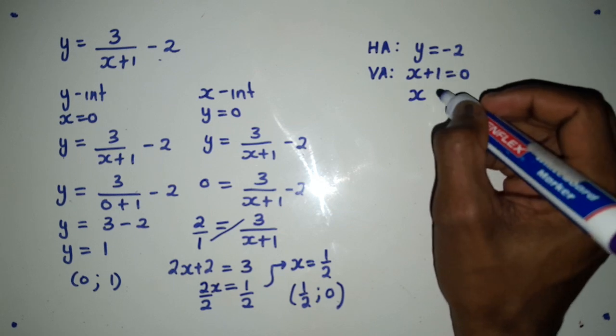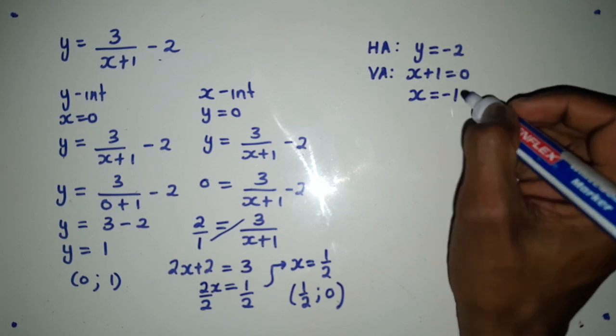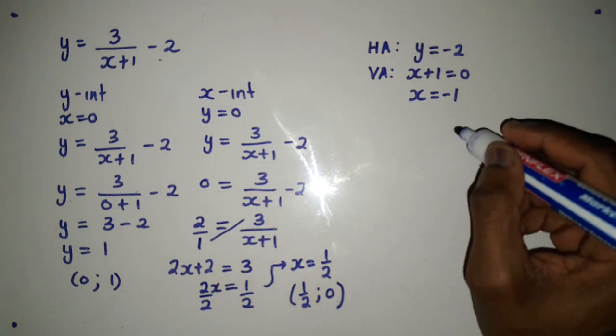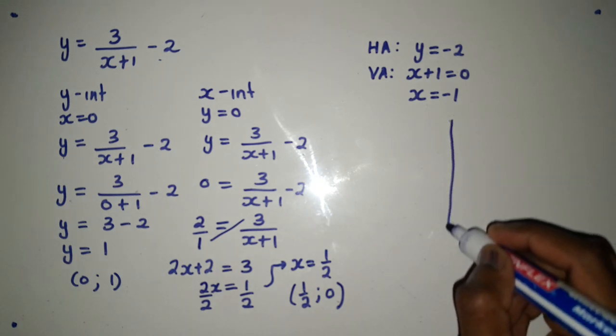Then we take 1 to the other side, it's going to be minus 1. This one is our vertical asymptote. At this point, we can sketch. Okay, let me draw this.